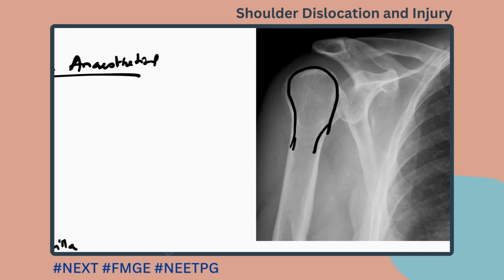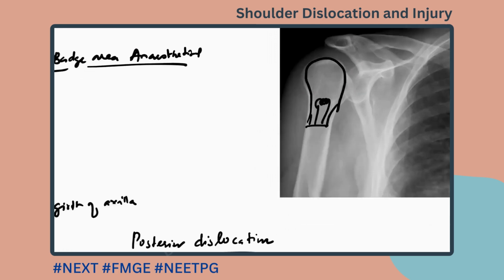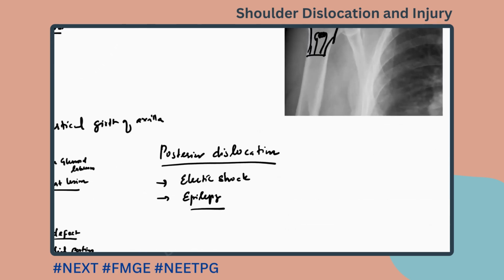So this is called as electric bulb sign. So in posterior dislocation, you get electric bulb sign. If someone asks you electric bulb sign is seen in which kind of dislocation? That is posterior dislocation of shoulder.